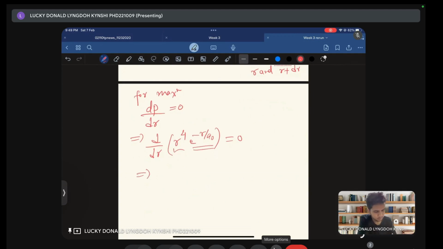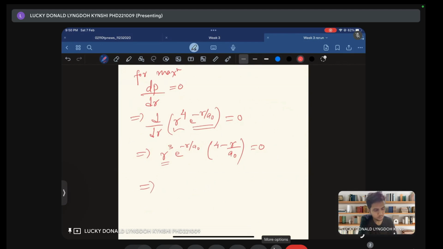You can get r cube e to the power minus of r by a naught times 4 minus r by a naught equal to 0. So this r here cannot be equal to 0, otherwise the whole term goes to 0. So we get 4 equal to r by a naught, which means r equal to 4 a naught. Okay, so this is the complete solution of your assignment question number 4.